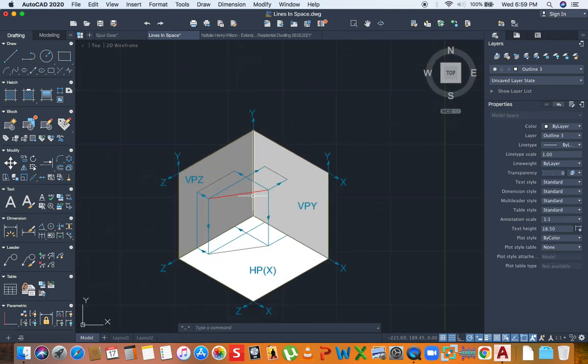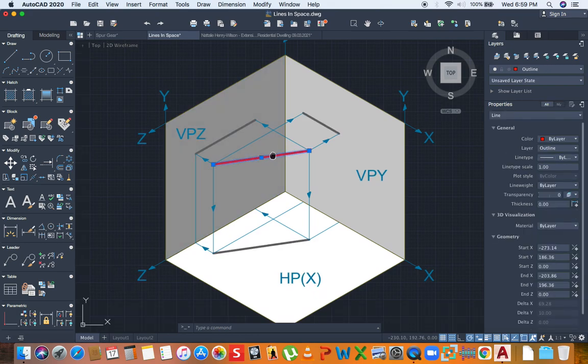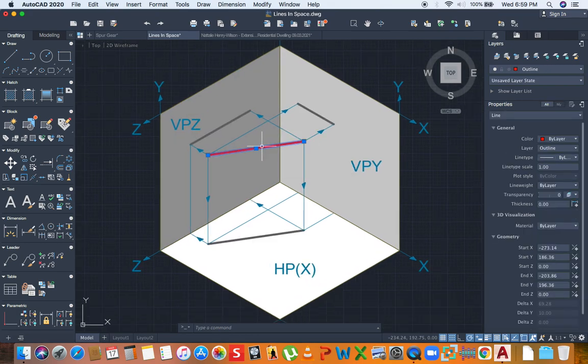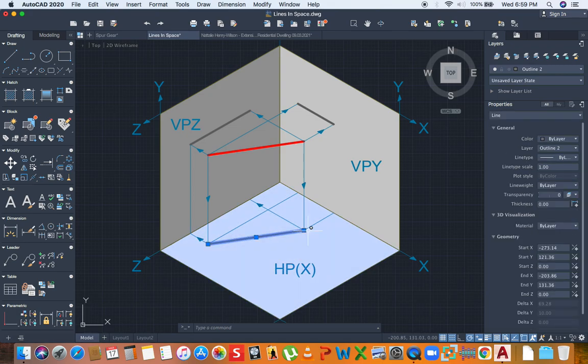Let me give you an example. Look at this line. This is a line existing in space. However, it is sloped. All right. This is a bird's eye view of the line. Looking down on the line, you're seeing the line at a particular length.